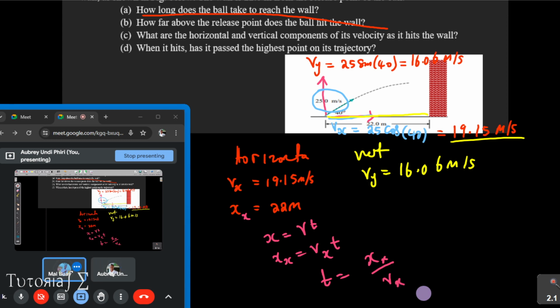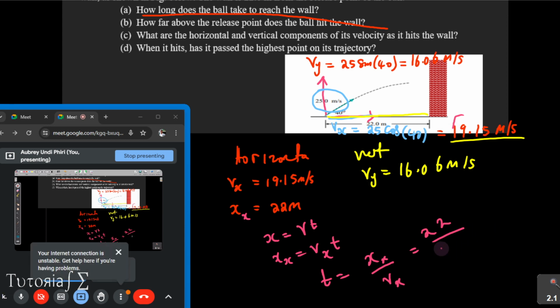So 22 divided by velocity in the x, that is what? It's this one, 19.25.